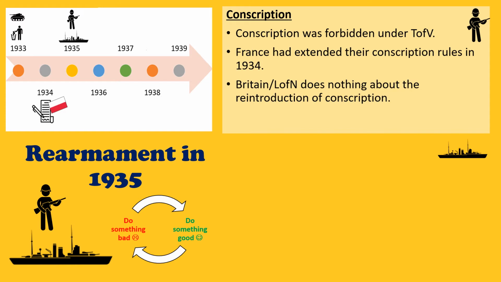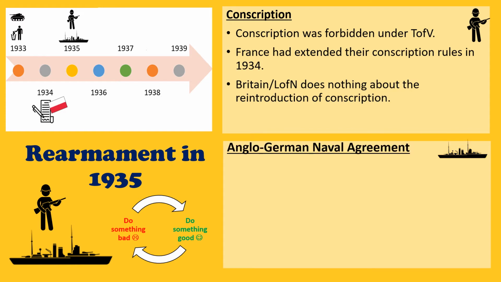The something good that Hitler follows up with in 1935 is the Anglo-German Naval Agreement. As you can tell from the title, it is a naval agreement between Britain and Germany. And this agreement was seen as further proof, quote unquote, of Hitler's peaceful intentions.